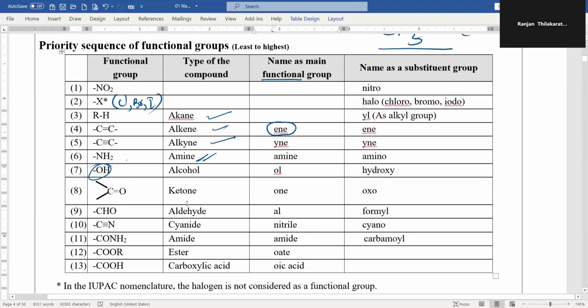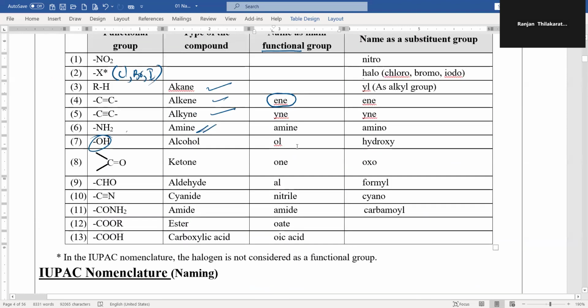We add ol to the root name as a suffix. Ethanol, methanol, propanol, butanol, heptanol, like that. Then as a substituent group, we use hydroxy. No need to know these things because we are going to study in detail later.